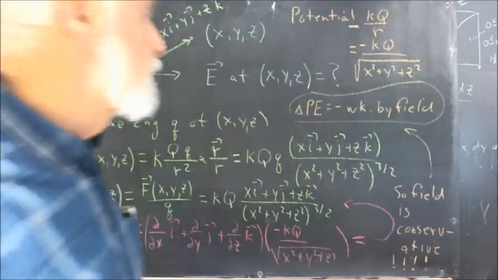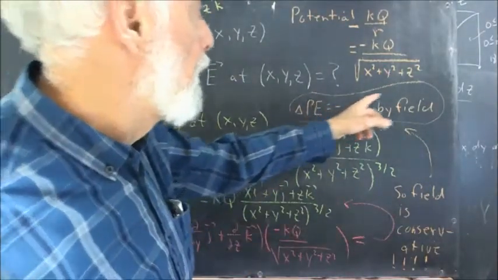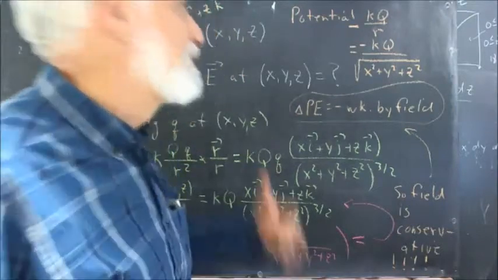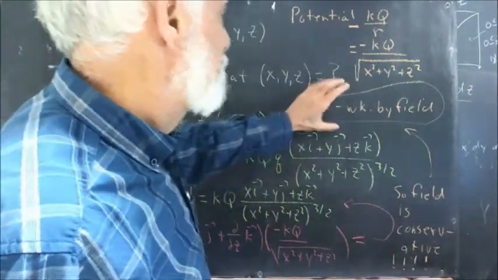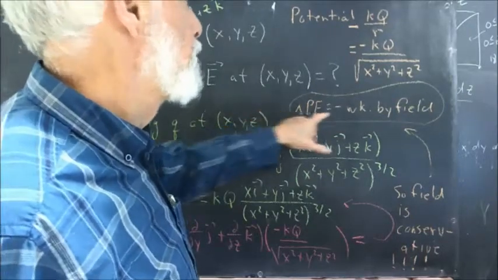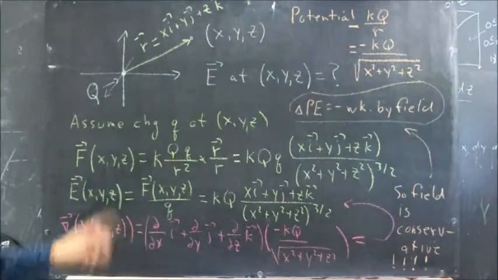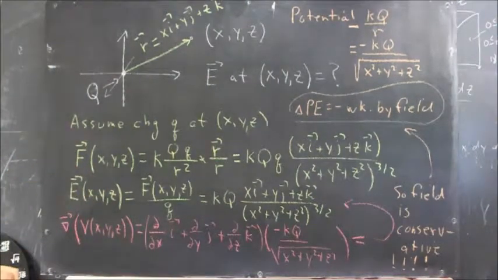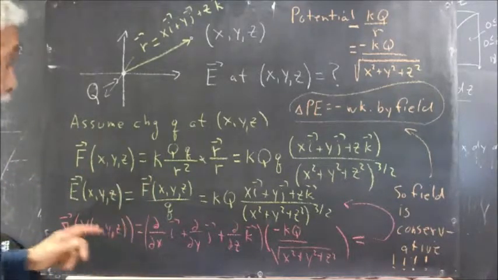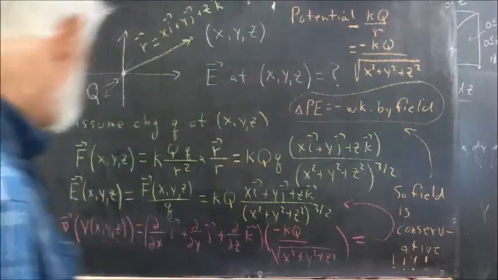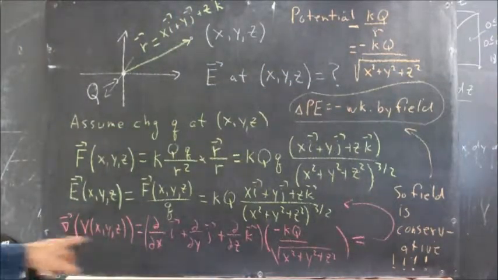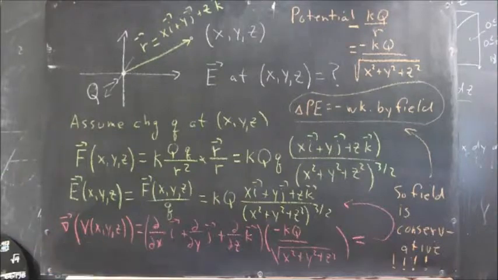So the change in potential energy is equal and opposite to the work done by the field. But let's come back to the expression we had here and do what we need to do. Okay, so the next question is find the gradient of the potential function. Well, the gradient of the potential function is the gradient of this V of x, y, z.